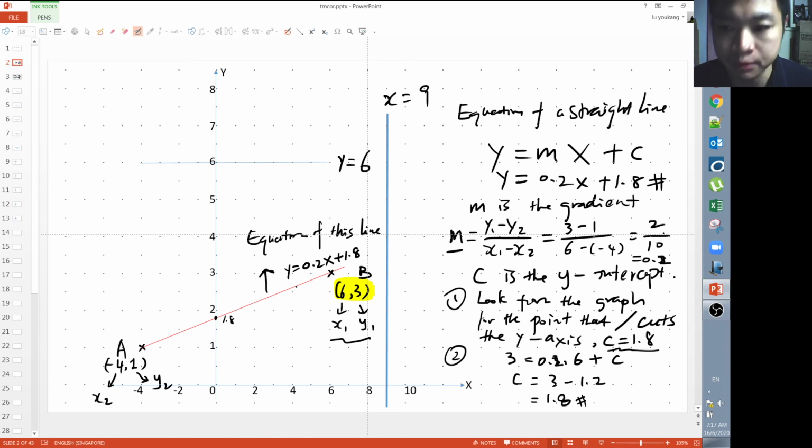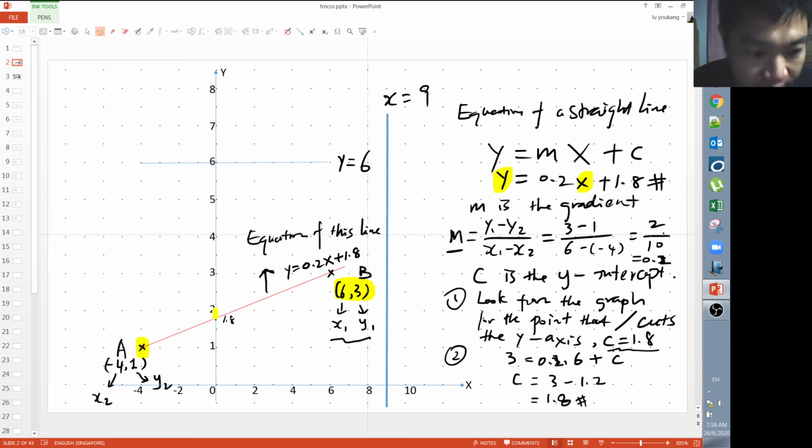Some students must be thinking, why not find out my y and x? The simple answer is, if you look at this straight line, at different points you have different values of x and y. At this point, your x and y are -4 and 1.